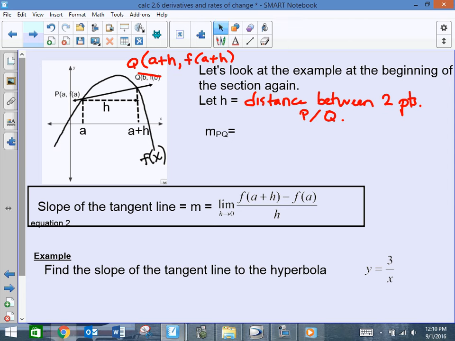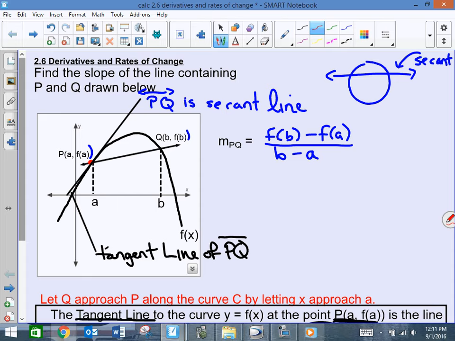All right, so who can tell me the slope of that secant line PQ again, using the new language? Emma gave it to us last time. Here's the secant line.